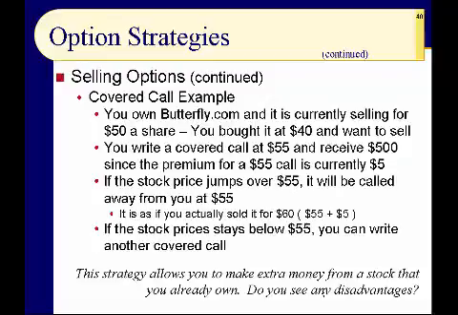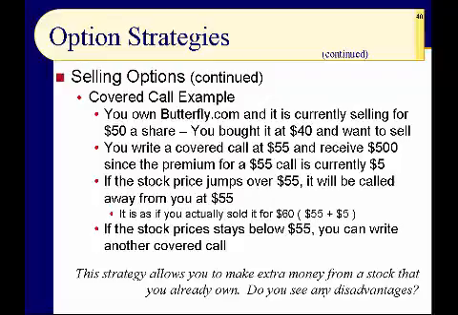You own that butterfly.com. You remember them, right? And it's currently selling for $50. And you bought it at, say, $40, and you're thinking you want to sell. You're not sure. So you write a covered call at $55. And maybe you receive $500 since the premium for a $55 call is currently $5. Remember, multiply times 100. So you get $500 in your pocket.